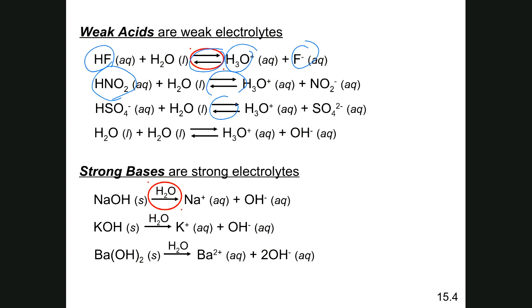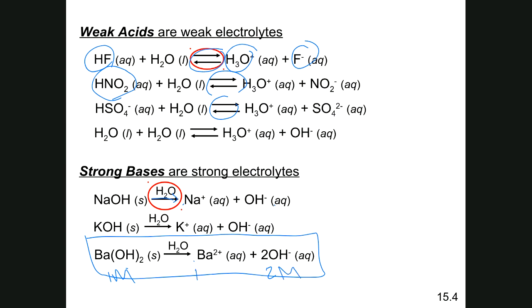Strong bases, single arrow, that means 100% dissociation, strong base. And pay attention to this balanced equation. For barium hydroxide, for 1 mole of barium hydroxide, you're going to get 2 moles of hydroxide ion and 1 mole of the barium ion.